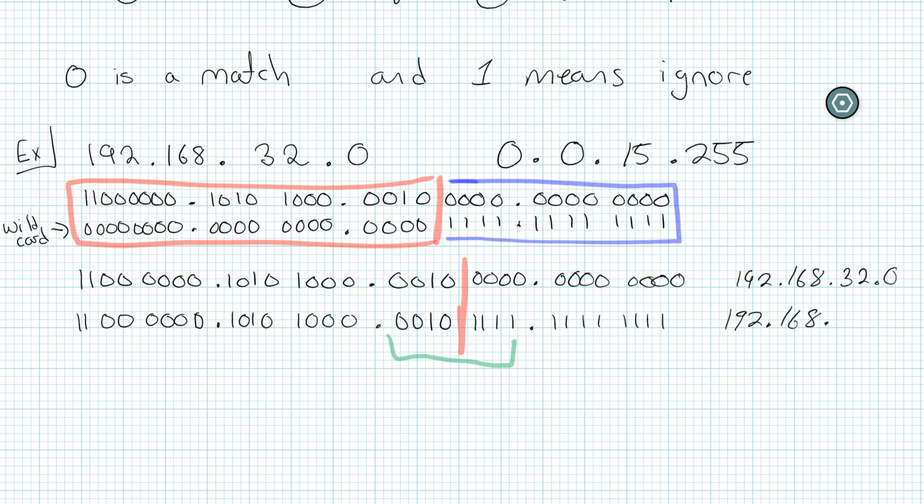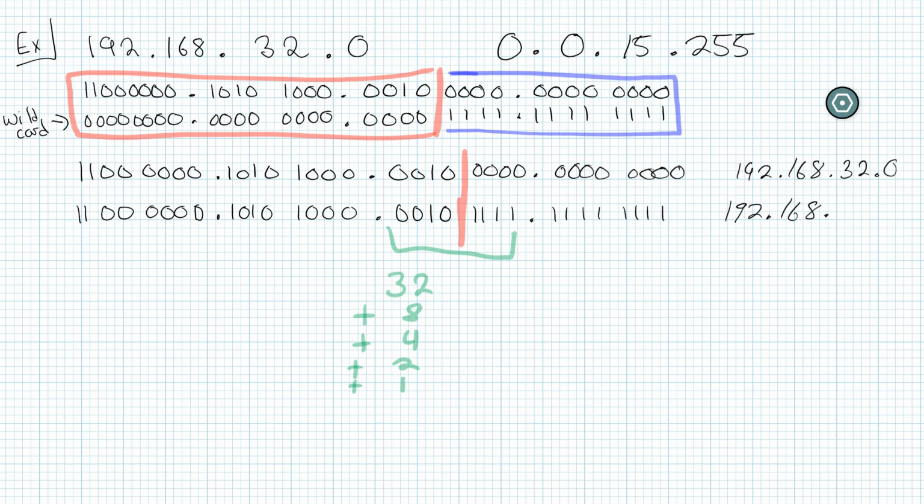We can use our simple binary and say, okay, there's a 32-bit plus an 8-bit plus a 4-bit, plus a 2-bit, plus a 1-bit, which gives us a total of 32 and 8 is 40, 44, 46, 47, meaning that we have 192.168.47.255.